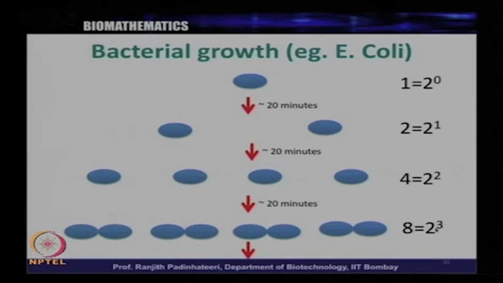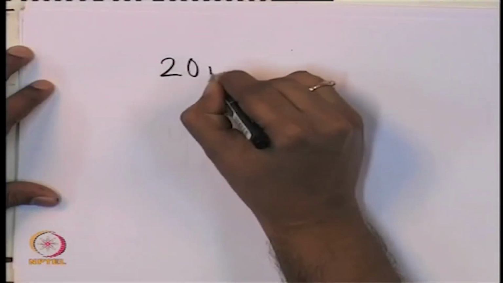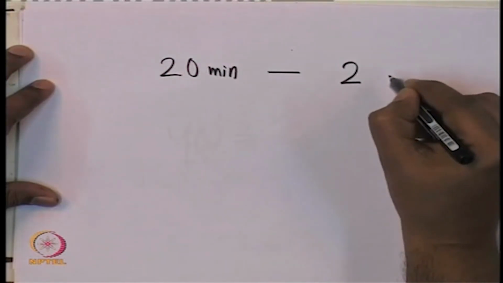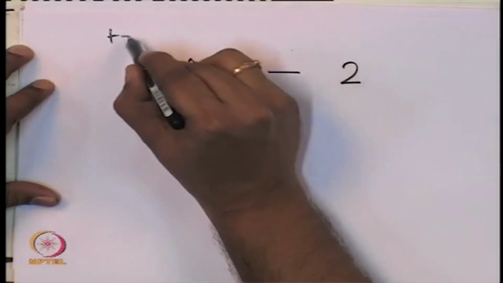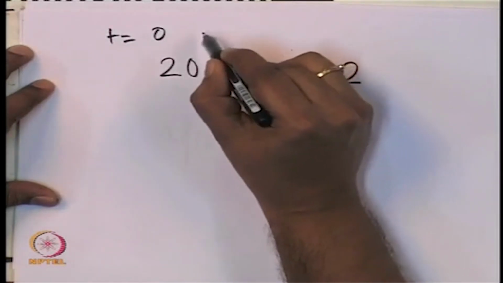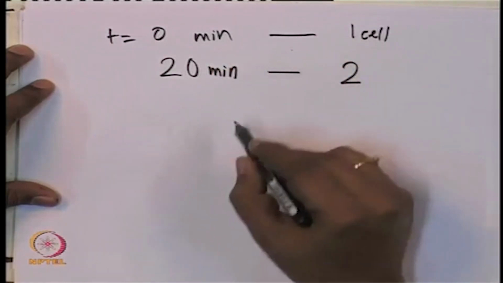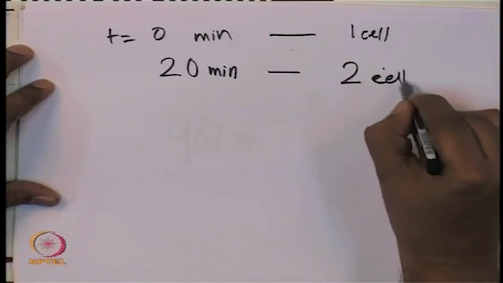So, 2 power something gives you the number of cells after a time. In 60 minutes you have 8 cells. Let us write it down slowly and understand. At time equal to 0 minutes, you have just 1 cell. In 20 minutes, you have 2 cells.